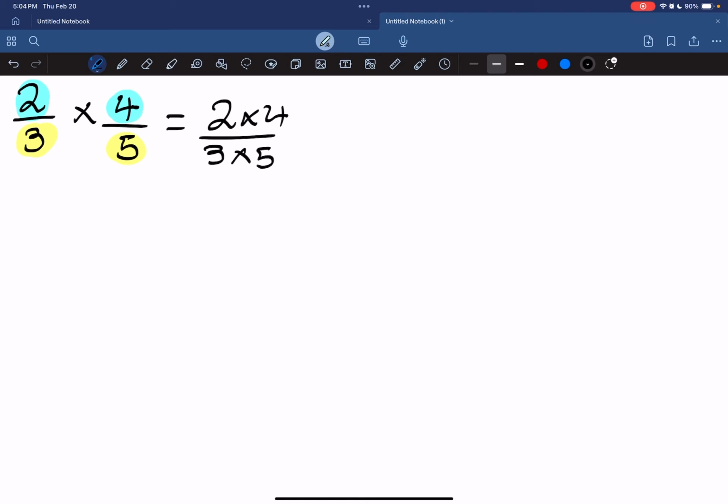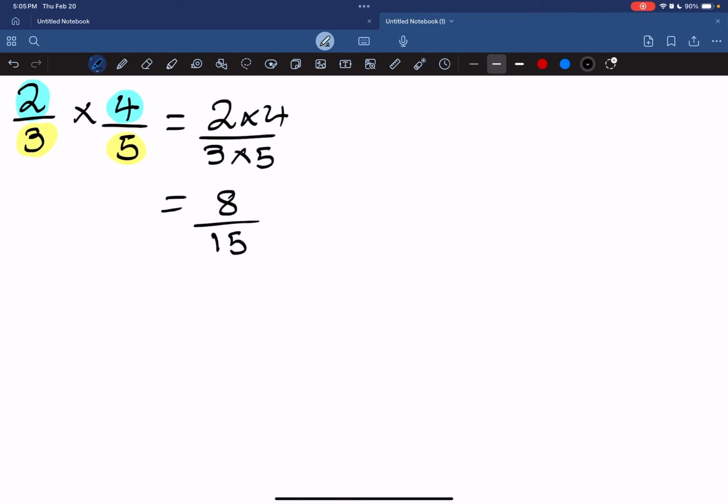So 2 times 4, we know for sure that's 8, and 3 times 5 is 15. Remember we said 3 steps: multiplying the numerators, multiplying the denominators, and then we reduce after.